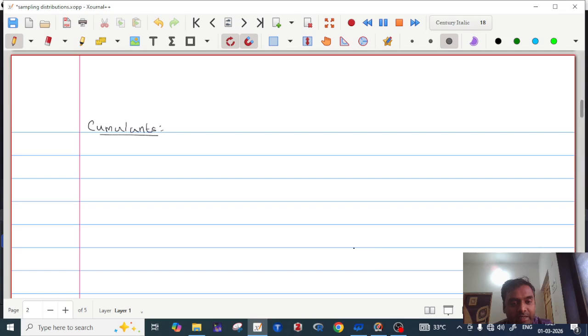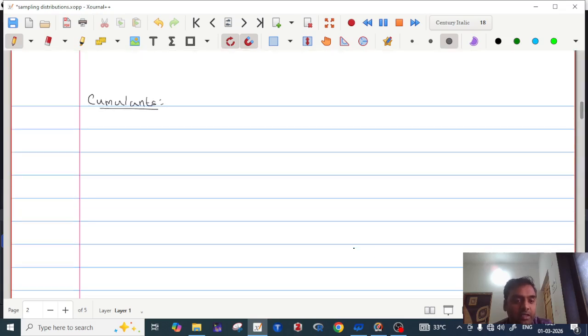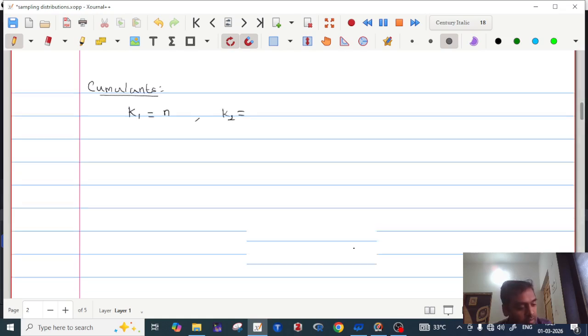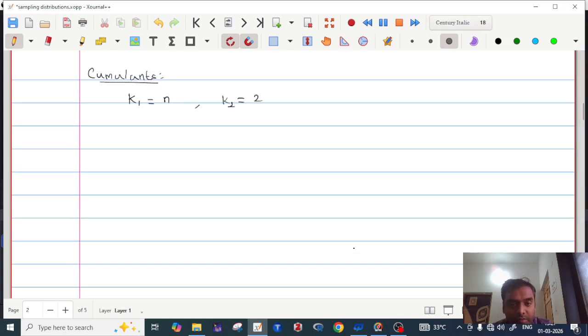If you expand that CGF, you will get the cumulant values: k1 equal to n, k2 equal to 2n, k3 equal to 8n, k4 equal to 48n.